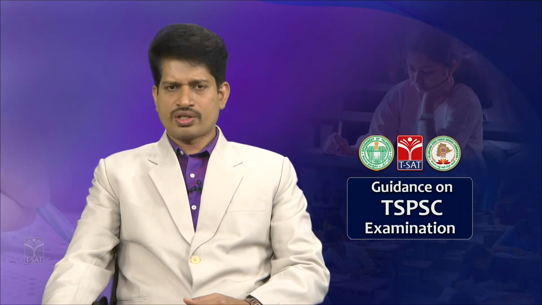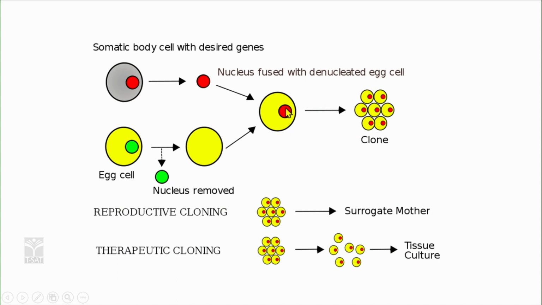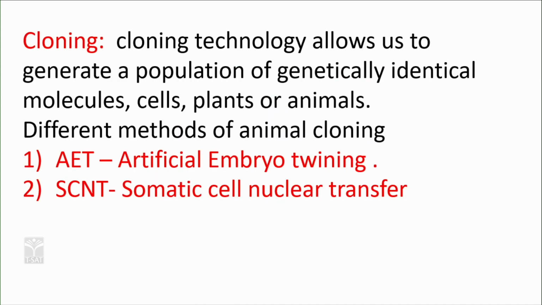So the egg assumes that it has been fertilized and develops into a complete new organism, which resembles exactly the human being from whom we collected the tissue, the donor. This is how cloning is done. These are the two technologies: one is artificial embryo twinning and the second is somatic cell nuclear transfer.